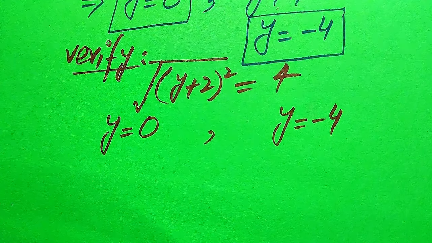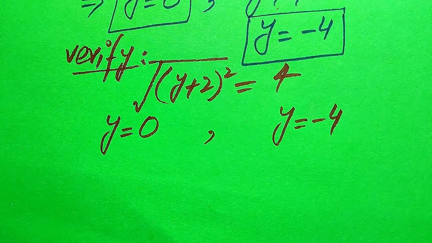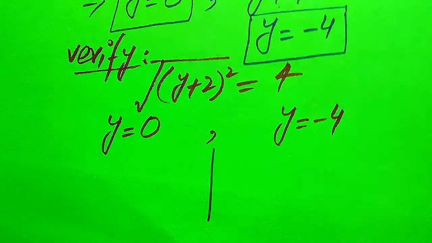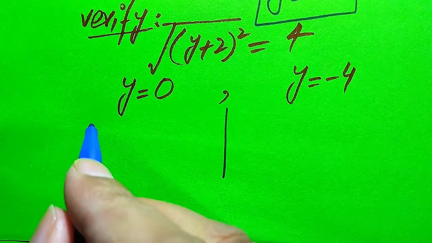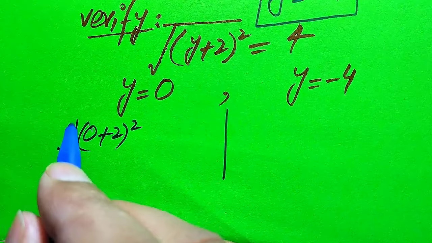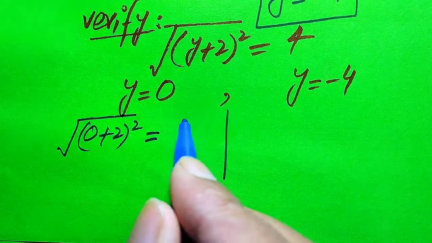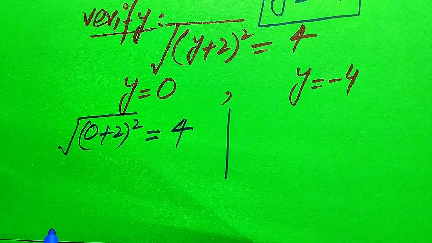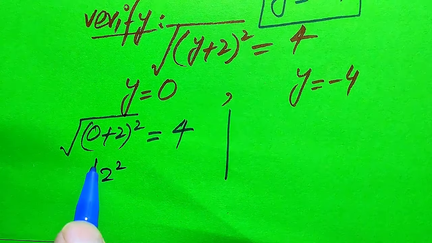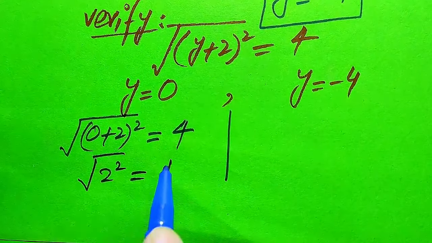So here when we put y equals 0 into the left hand side, it will be written as the square root of (0 plus 2) whole squared equals 4. And you see here 0 plus 2 becomes 2 squared and its square root equals 4.